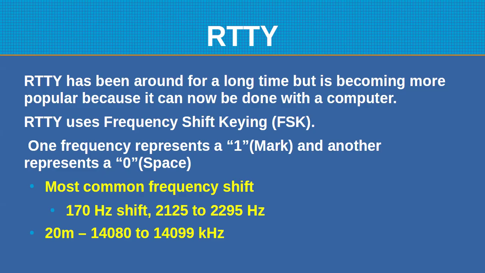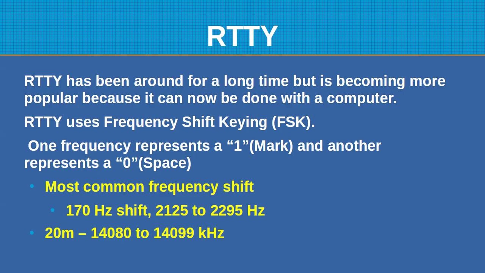And typically, RTTY is going to transmit on these two frequencies. Well, it's going to shift to these two frequencies between 2125 and 2295. So that's the mark and the space. They're 170 hertz apart. That's the 170 hertz shift.